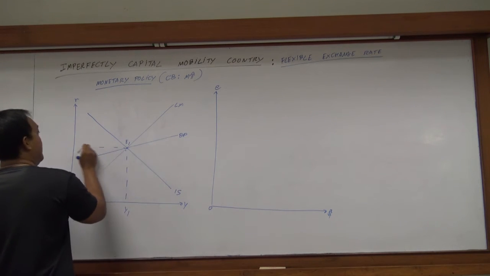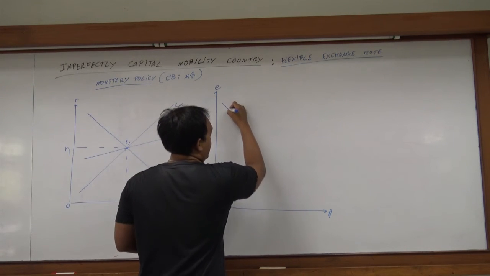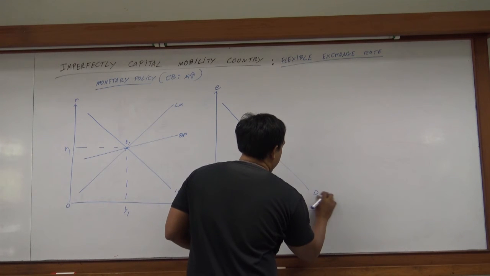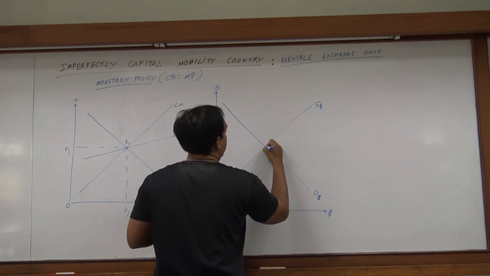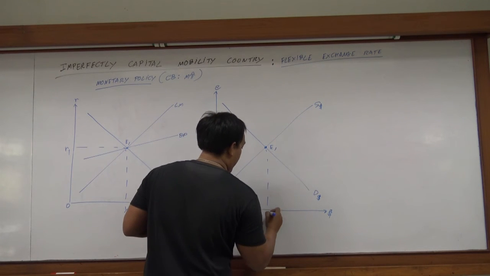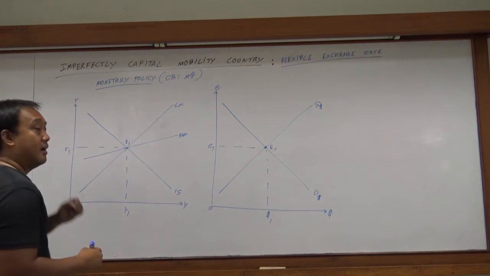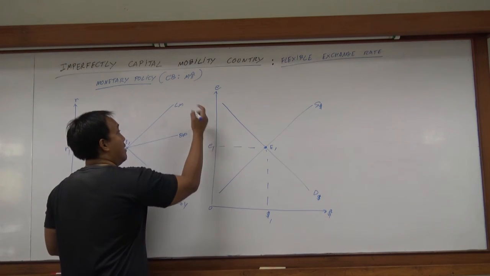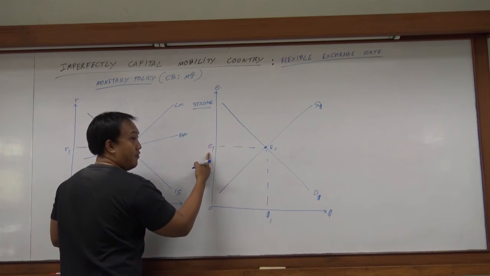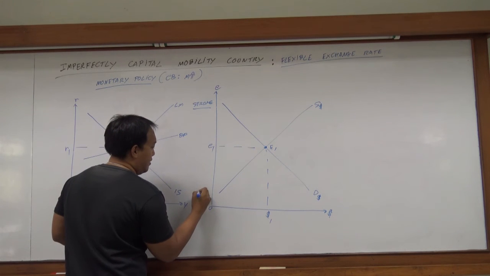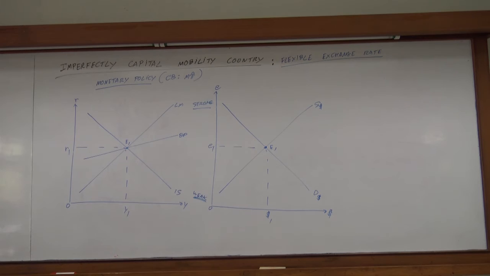E1, Y1, R1. You're going to have the equilibrium point in the currency market: demand for US dollar, supply for US dollar, equilibrium point 1, E1. If the exchange rate goes up, it means that our currency becomes stronger. If the nominal exchange rate goes down, it means that our currency becomes weaker.